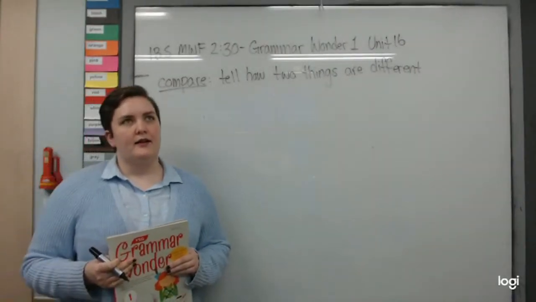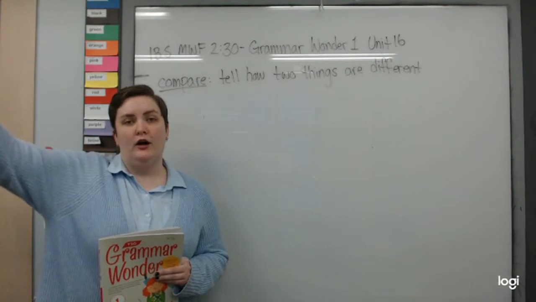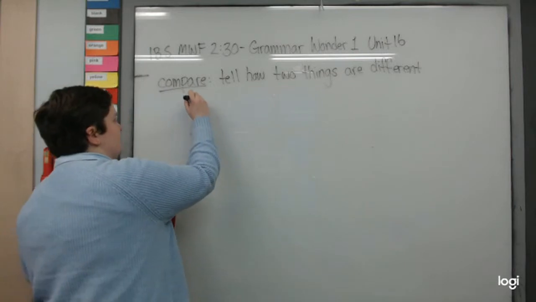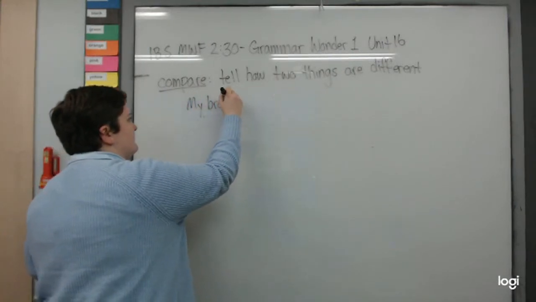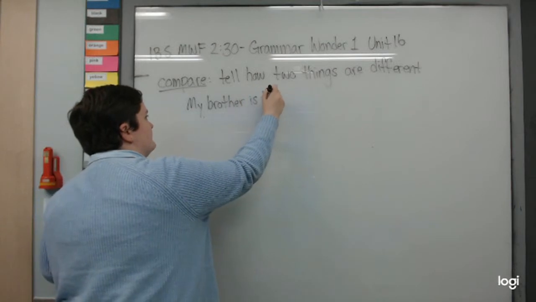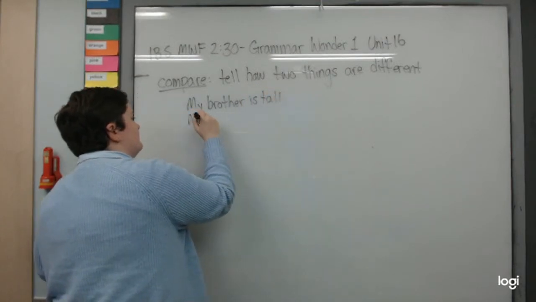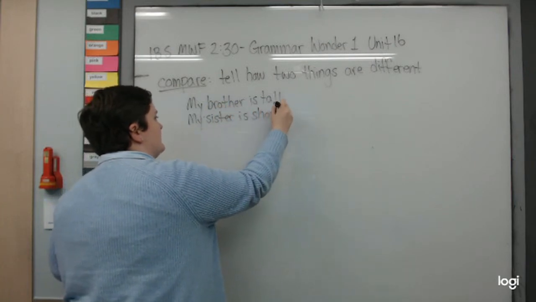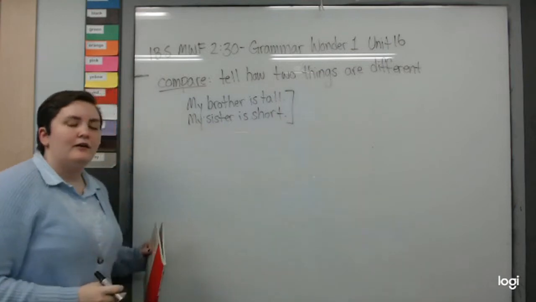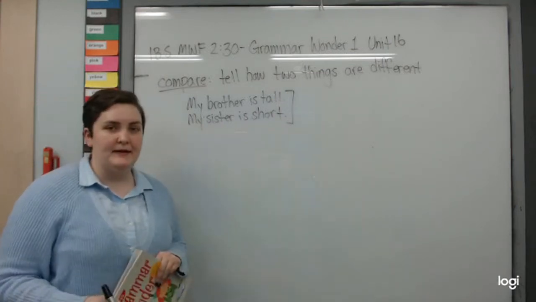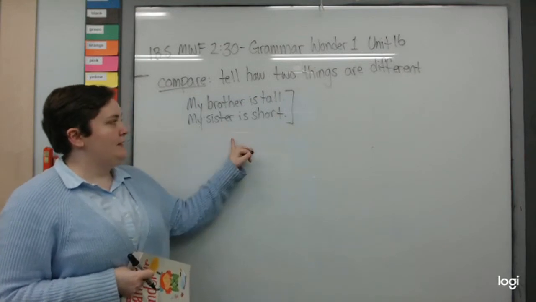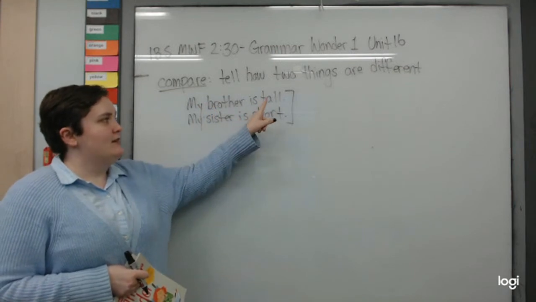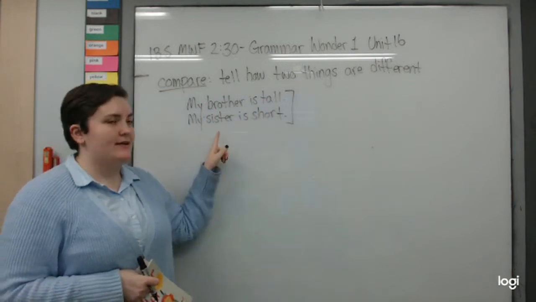So, if my brother is tall and my sister is short, how can I talk about my brother and my sister? Well, I can tell about them in one sentence. I can say, my brother is taller than my sister.